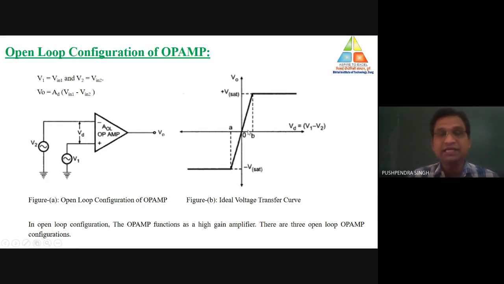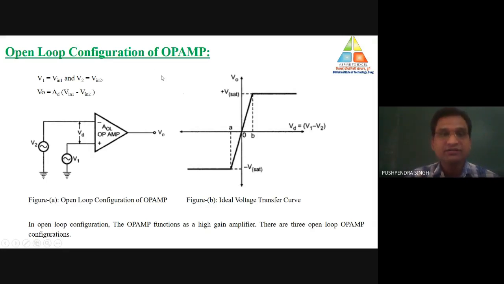And these regions are called the non-linear region. That means in open loop configuration, the operational amplifier is always working in the non-linear region. But for proper application of the op-amp, the circuit must be operated in the linear region. And the region in between A and B is the linear region.